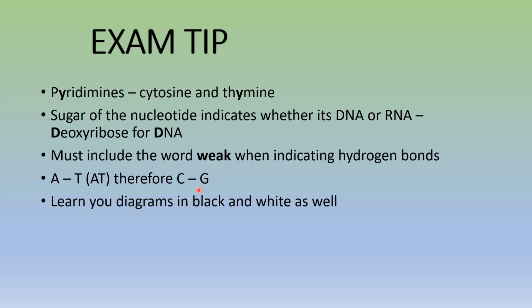These are just my tips to help you all remember. And once again, learn your diagrams in black and white. Learn it in color, understand it, but then go over it again in black and white. Because in that exam, when you're sitting to write it, it's not going to be in color. It's going to be in black and white. So you must be able to identify the different structures when it is in black and white.